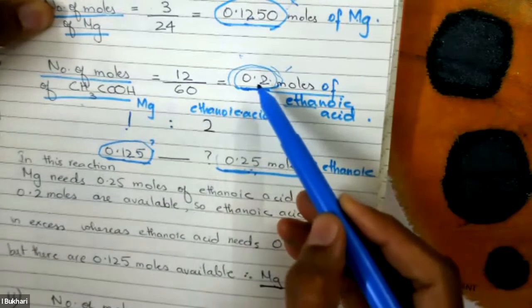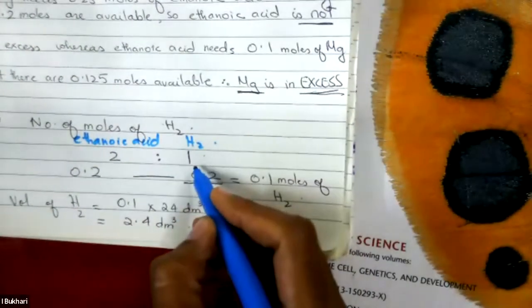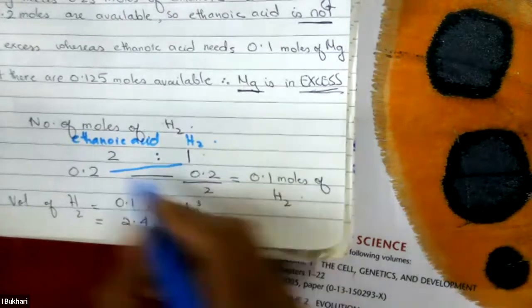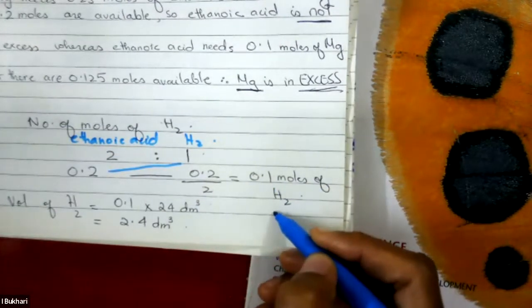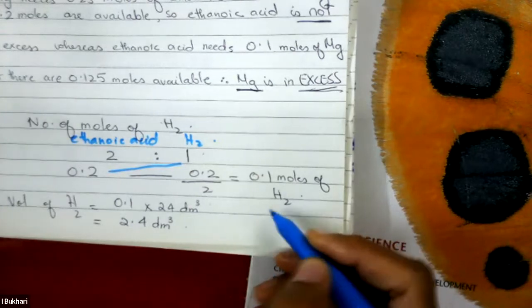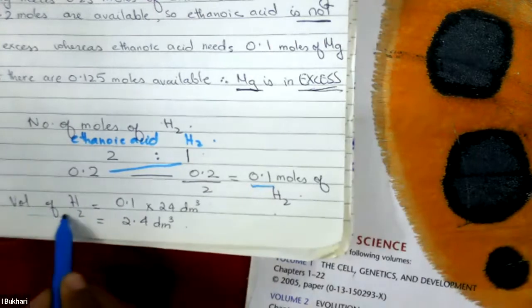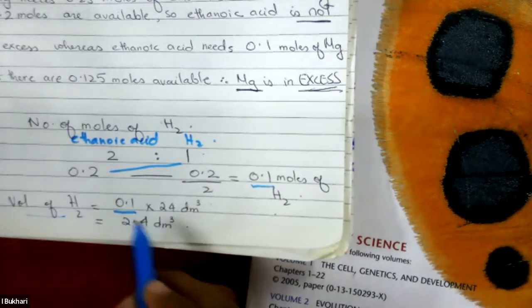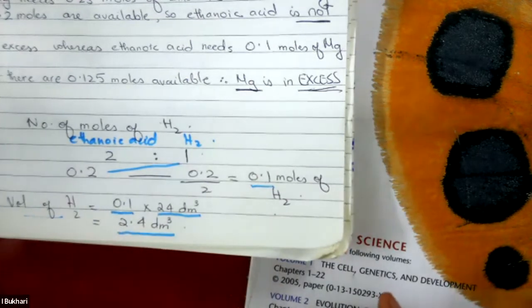The number of moles of ethanoic acid I had was 0.2. So hydrogen will be 0.2 divided by 2, which is 0.1 moles of hydrogen. Now I have the number of moles of hydrogen. What will be the volume? I will multiply the number of moles by 24 and I will get 2.4 dm³.